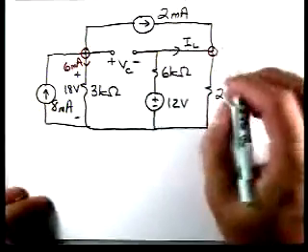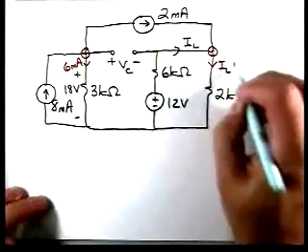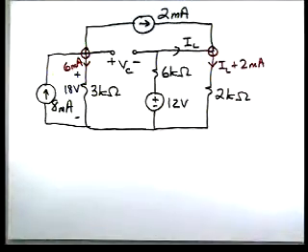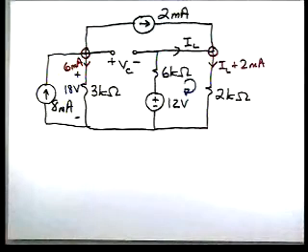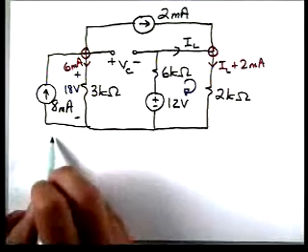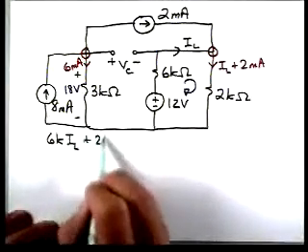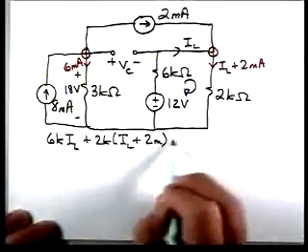Now, if we look at this node and apply KCL, that says this current is IL plus 2 milliamps. Now, let's apply KVL around this loop. And if we do that, we're going to get 6K IL plus 2K (IL plus 2 milliamps) is equal to 12.